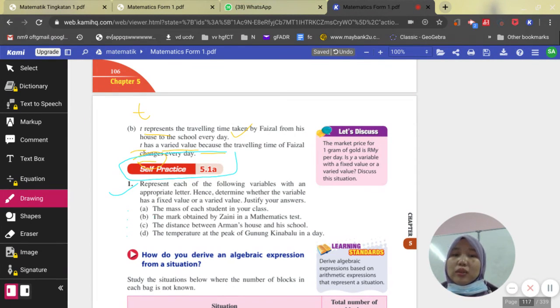Kita tidak tahu mass tu berat kan. Berat setiap kawan-kawan kita ni, kita tidak tahu. So, kita represent dengan huruf apa. Terserahlah kamu huruf M ke K ke whatever yang related. Biasanya related. And then, kamu decide. Is the mass of each student ni, berat setiap pelajar ni, dia fix ke atau dia varied? Dia does not change ke atau change?